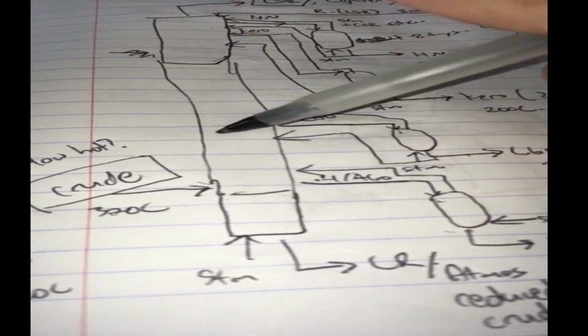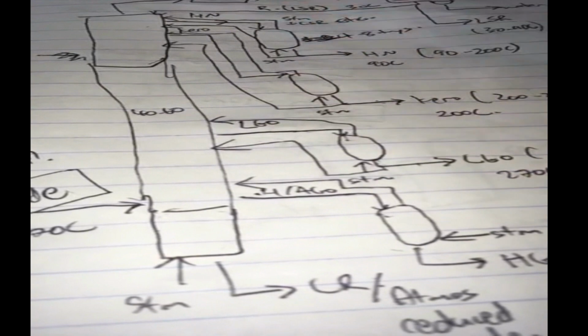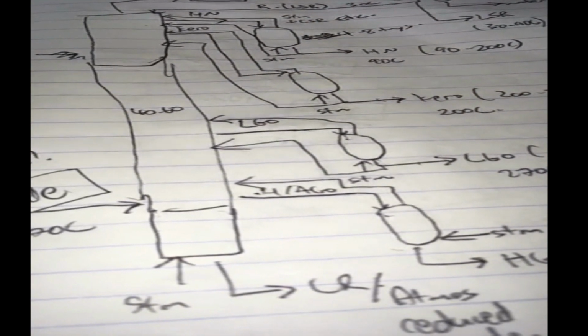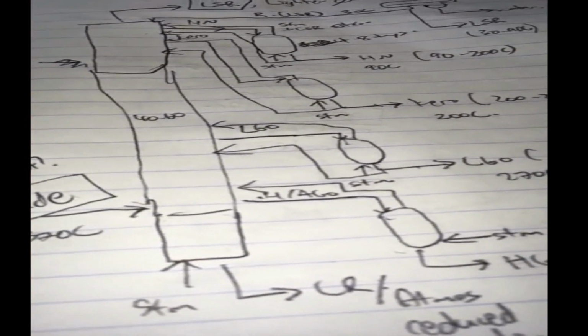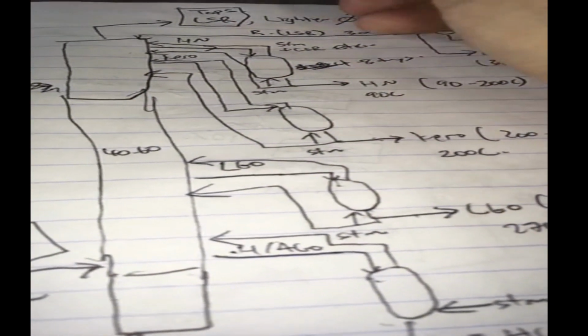If you want to be safe, 370. Crude goes into the atmospheric tower of 40 to 60 trays, and then this can be separated into the various fractions.